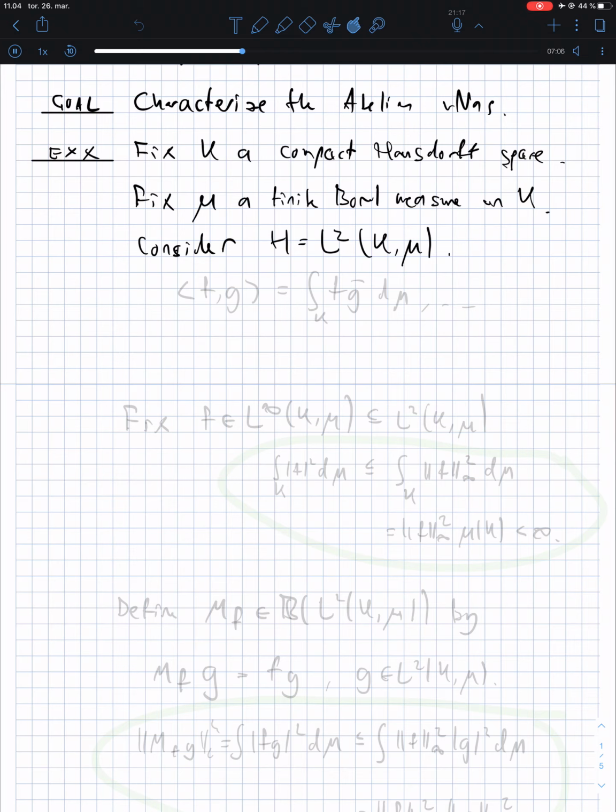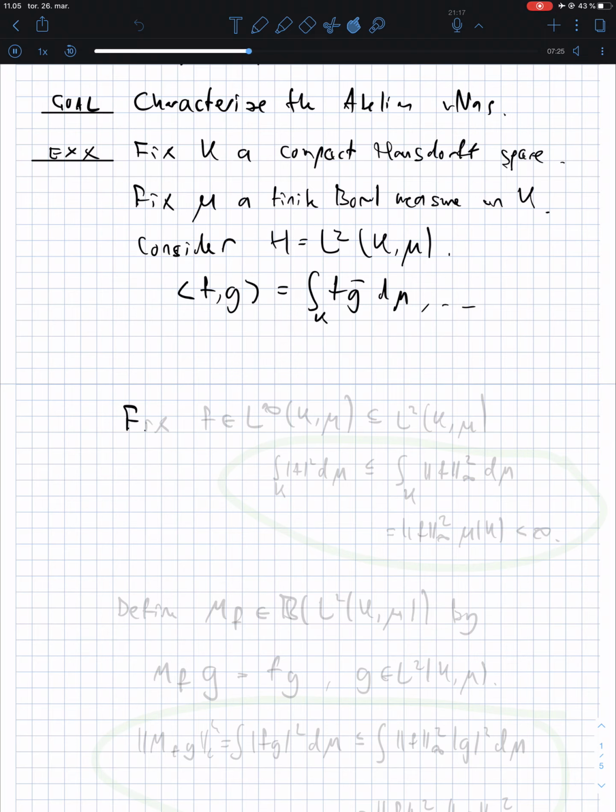Right? So this means that the inner product of f and g will be the integral of f g bar d mu integrated over K and so on. Right? So this is the Hilbert space that I have in mind.